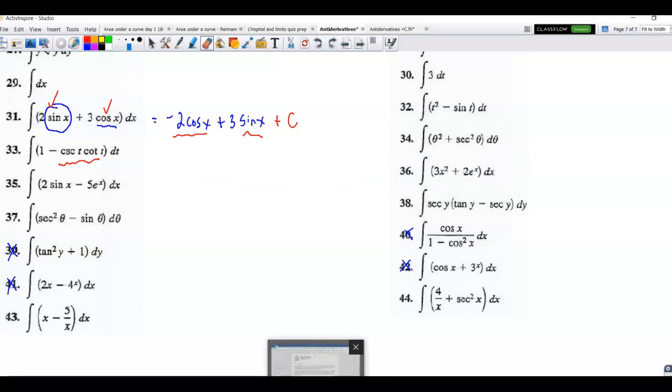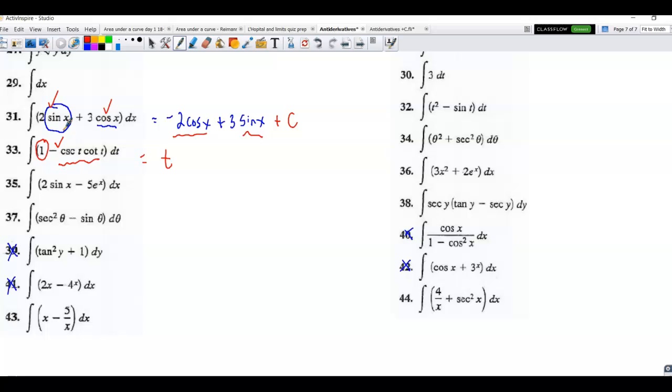Because there is a function that has a derivative of cosecant cotangent. All right, so let's start this one again. So in number 33, the antiderivative of 1 is t, not x, because we are in terms of t for this problem. The negative is already there, so we're good to go. So think about which trig function has, and so you need to go back and do your flashcards for the trig derivatives, and think about them backwards.